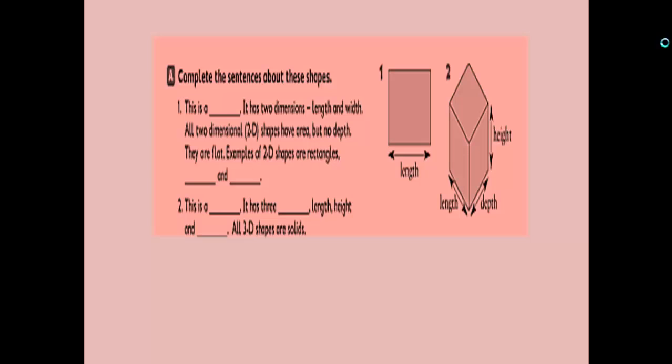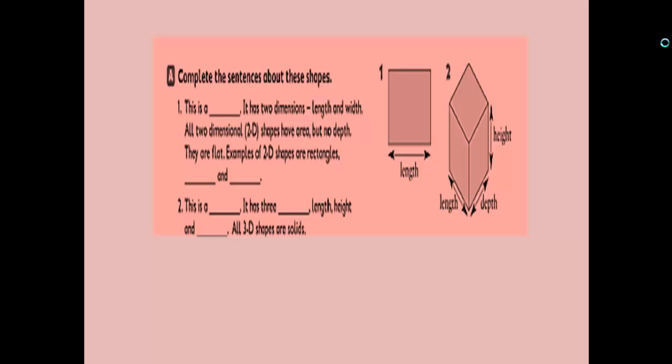They are flat. Examples of 2D shapes are rectangles, triangles, and squares. So here we can put in the spaces triangles and squares.